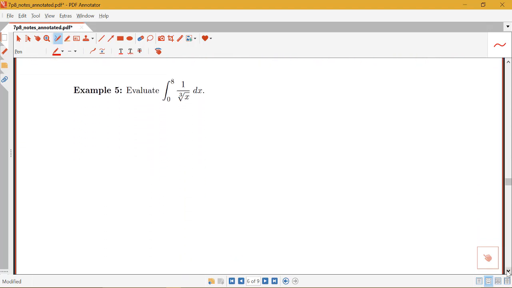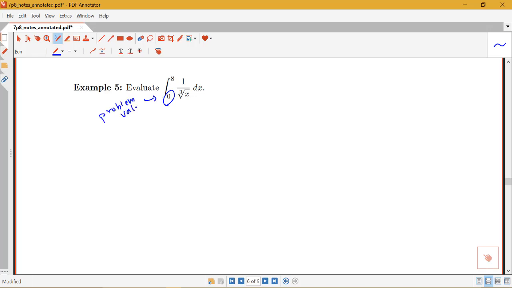So here I have an integral from 0 to 8 of 1 over x to the 1/3 power, or the cube root of x. So what's the problem value here, so to speak? Well, I know that this function has a domain of all real numbers except 0, and I do have a 0 value there. So I think of this as my problem value.